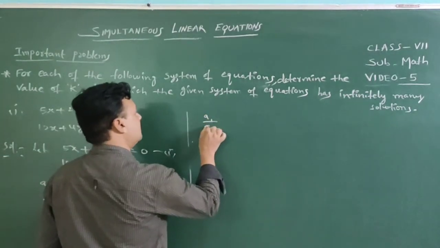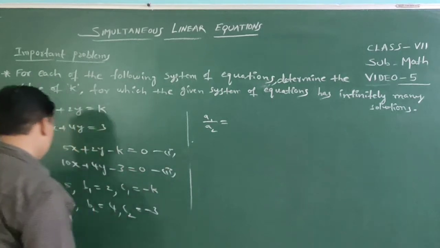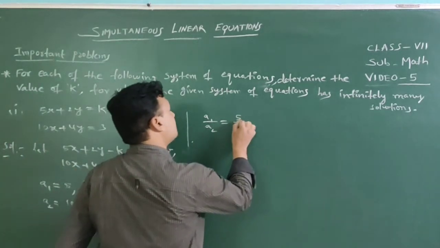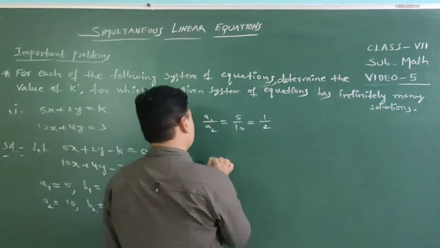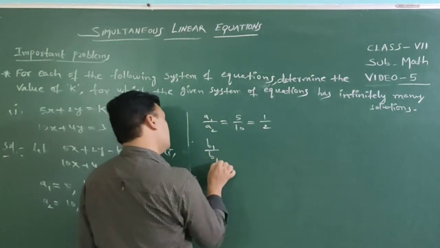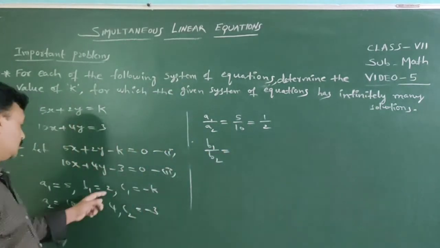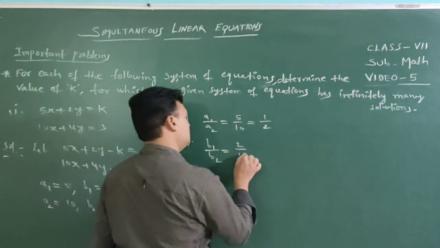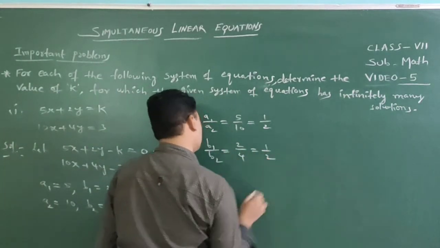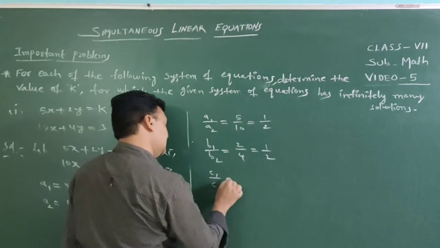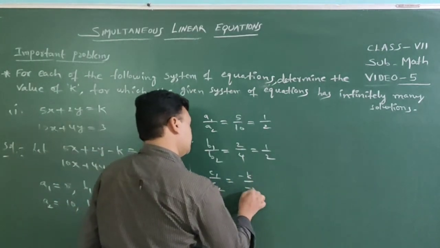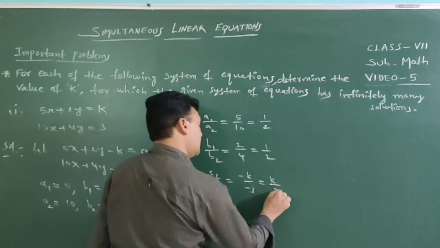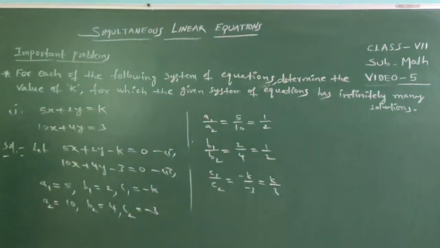So here a1 by a2 equal to 5 by 10 equal to 1 by 2, b1 by b2 equal to 2 by 4 equal to 1 by 2, c1 by c2 equal to minus k by minus 3 equal to k by 3.